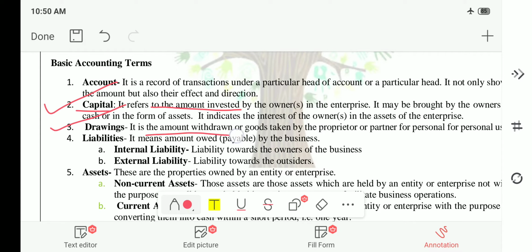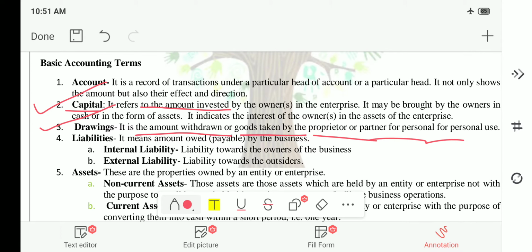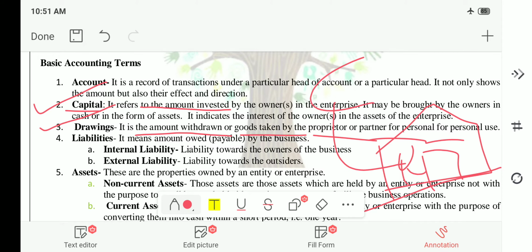It is the amount withdrawn or goods taken by the proprietor or the partner for personal or home use. This is nothing but drawings. Just imagine we have taken an example of a grocery shop. If he sells the groceries that are available in the shop to the customers, then it is not drawings.